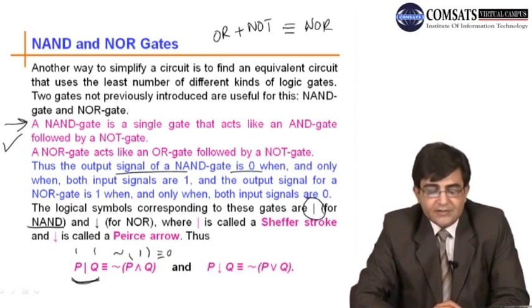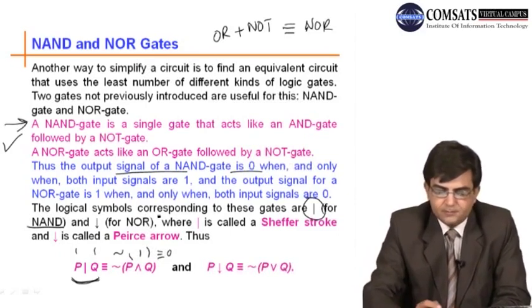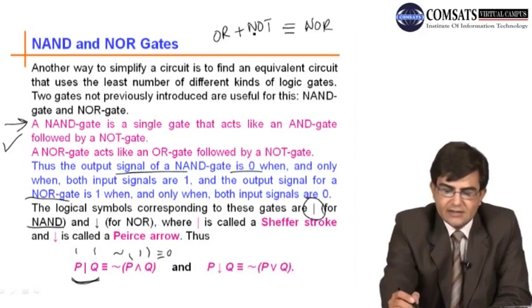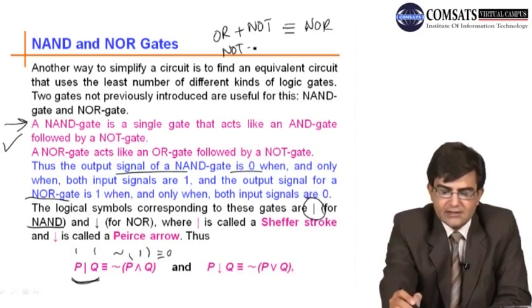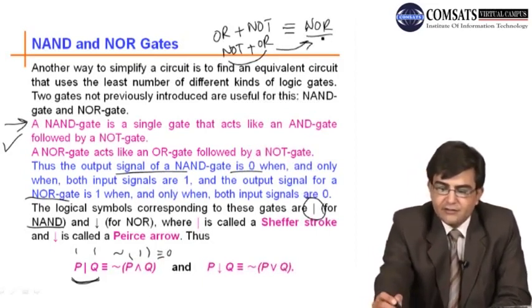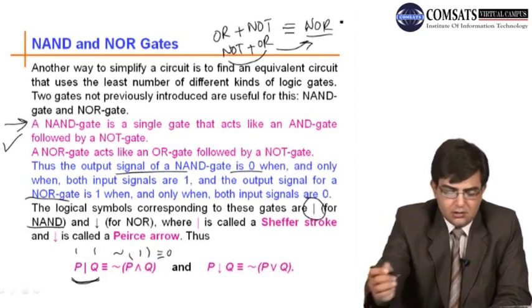And what are the outputs of this gate? Output signal for a NOR gate, this is basically NOT plus OR. NOR is the abbreviation of NOT plus OR.